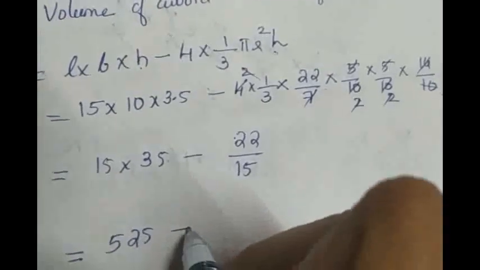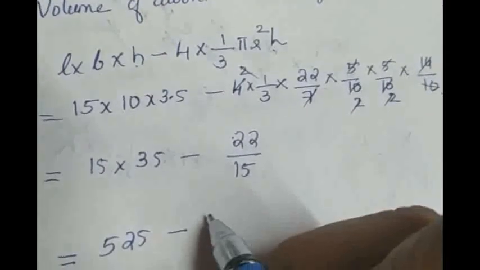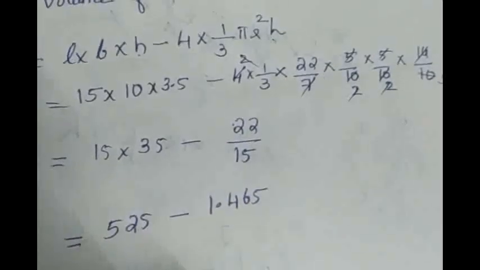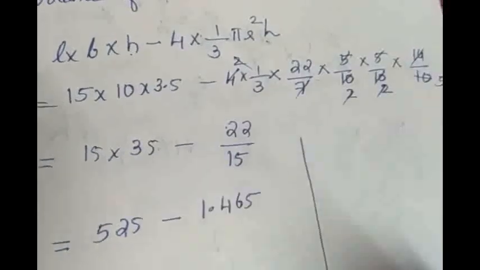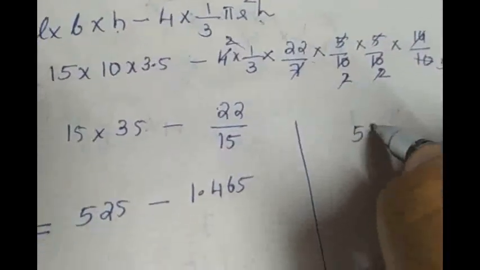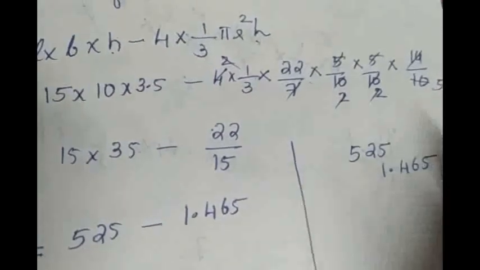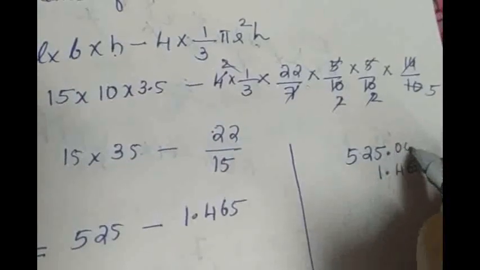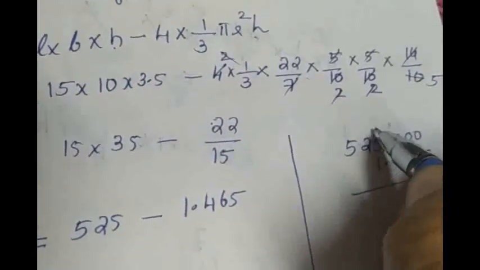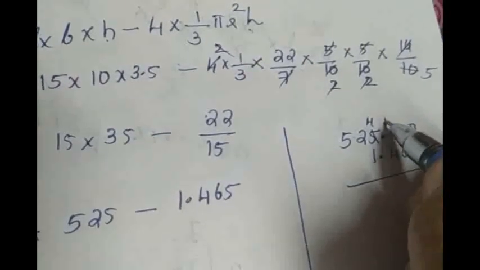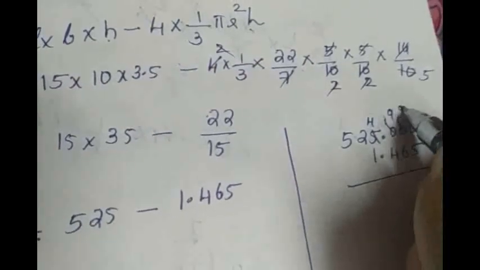Okay. So, 15 into 35 gives you the value 525. Minus 22 by 15 gives you the value 1.465. So if I subtract 525 and 1.465, how will we subtract? 525, 1.465, isn't it? So here also we will put a decimal and 3 zeros. So this becomes 4. We are going to carry over this 1, this becomes 9, again 1, this becomes 9, this is 10.